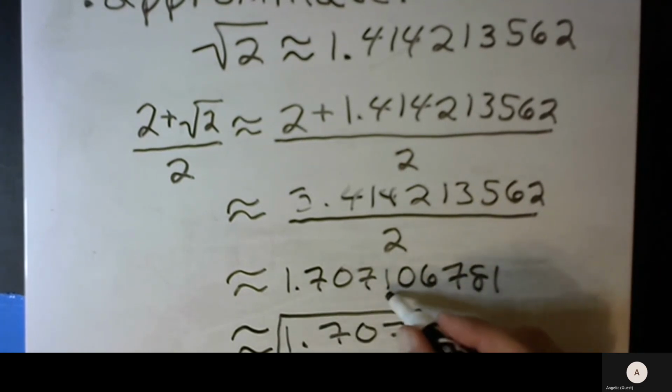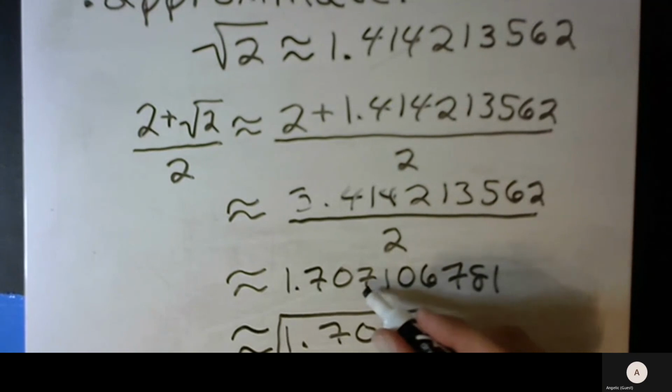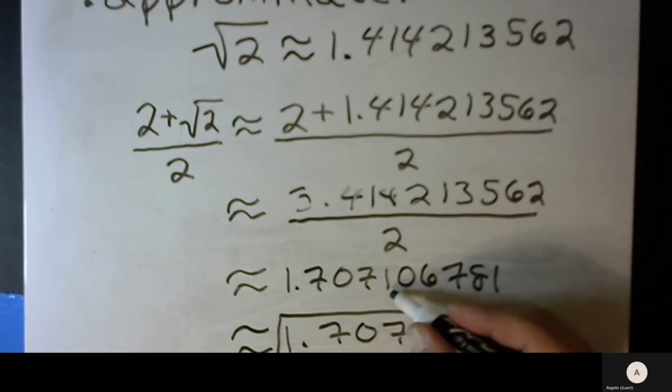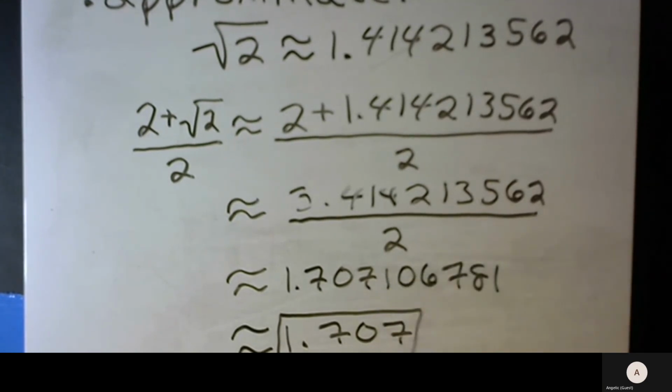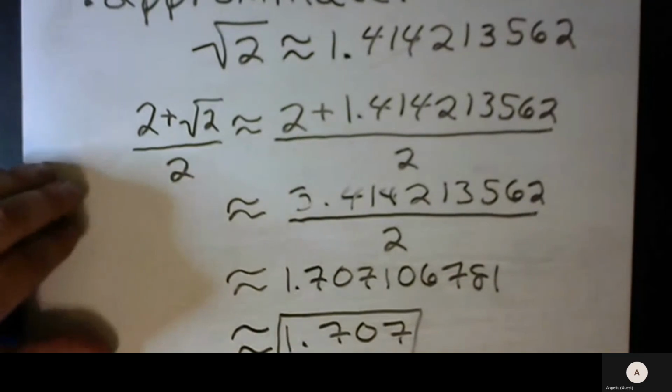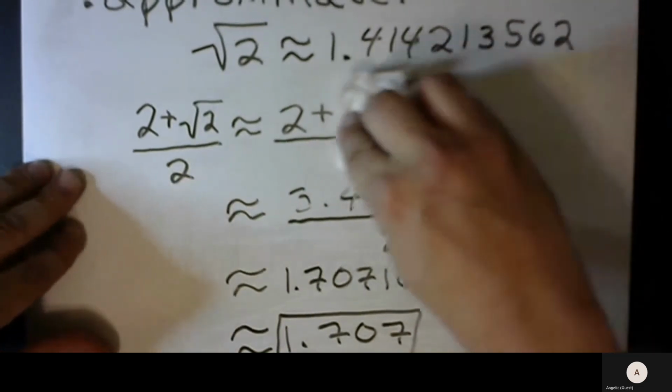Since there's a 1 here in the 10,000ths, this doesn't change because the 1 is less than 5. So that's how we can come up with one of the approximate answers. And then we got to come up with the other one, square root of 2 subtracted from 2. So that's going to be this.